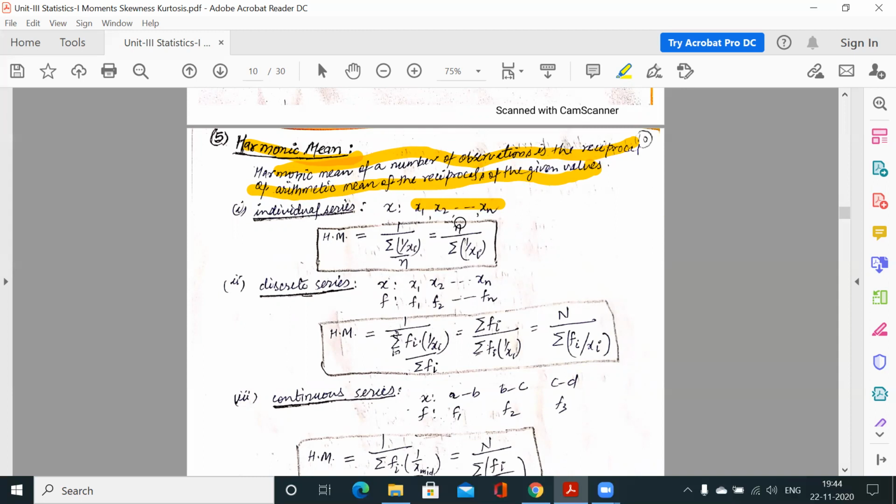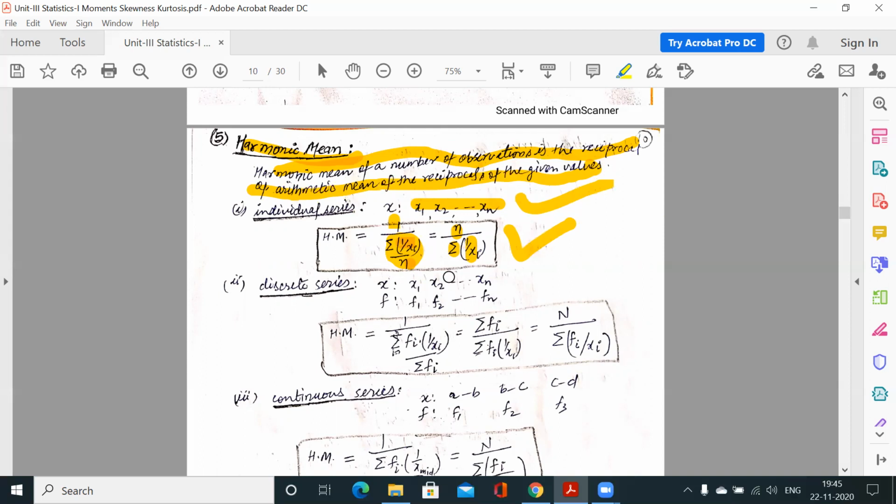What is the arithmetic mean of these numbers? Add all the 1 by x values and divide by the total number of observations, and then we have to take the reciprocal of this arithmetic mean. So n will go up. So this is 1 upon the arithmetic mean of reciprocals of the values. So n by summation 1 by xi. So directly you have to use this formula.